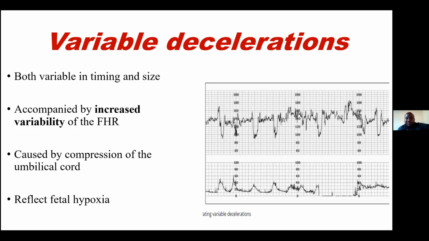Between those two variations, we have other increased variability of the fetal heart rate. In such a case, you might suspect compression of the umbilical cord, which also leads to severe fetal hypoxia and is a bad sign. Think about the severity to the fetus. Next, please.